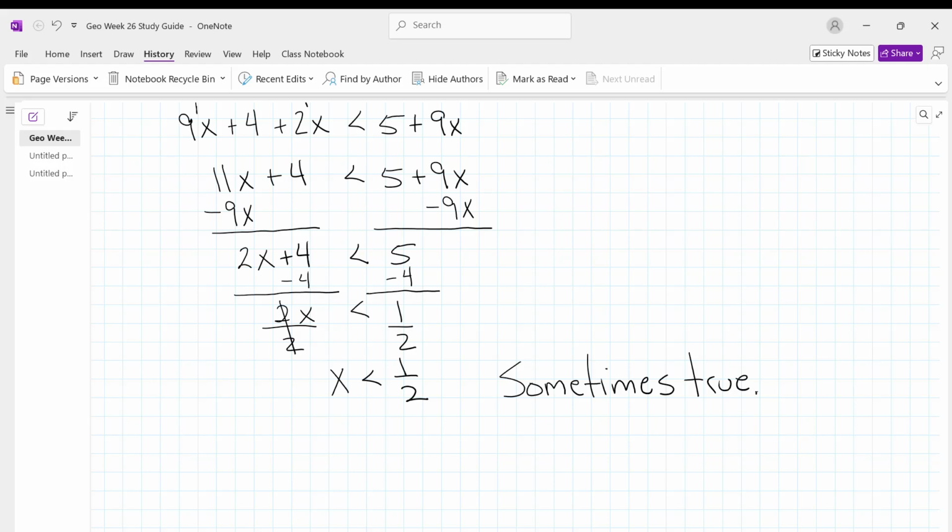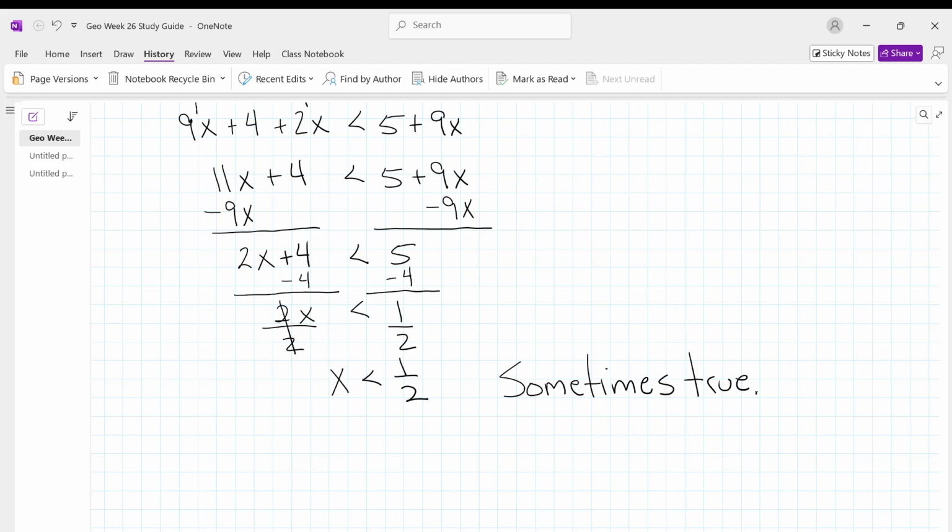All right, so all of the problems you did yesterday had a solution, right? Everything you did yesterday had a solution. So all the equations that you solved yesterday were sometimes true. Sometimes they were true when you used a value, in this case, less than 1/2.